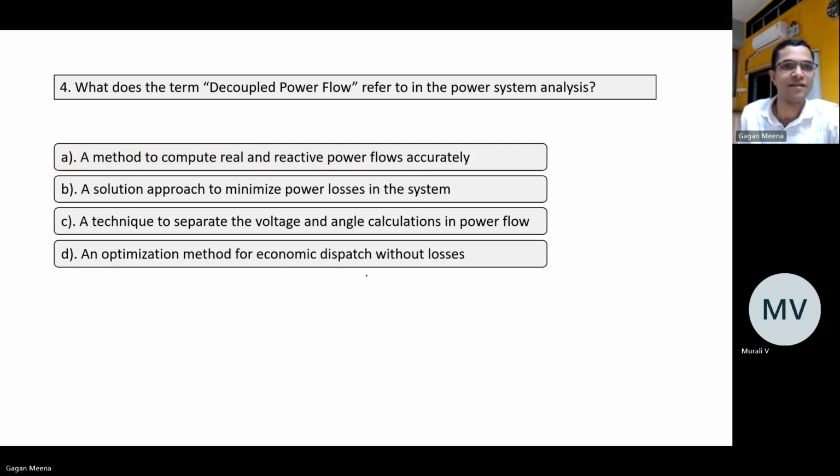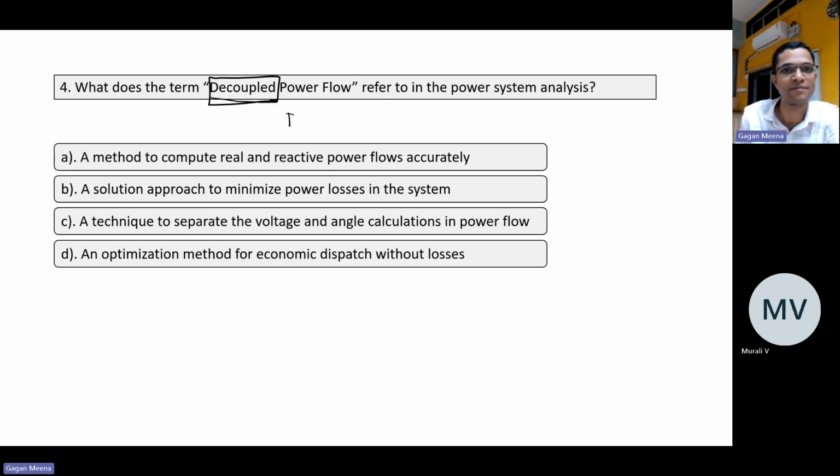Correct. Next: what does the term decoupled power flow refer to? A technique to separate voltage and angle calculation in power system power flows. Yes, that is the decoupling here.